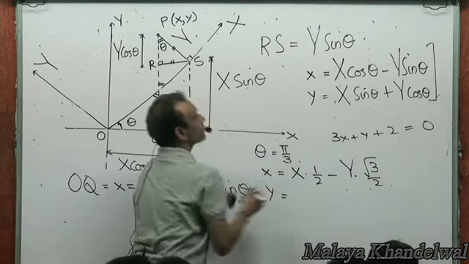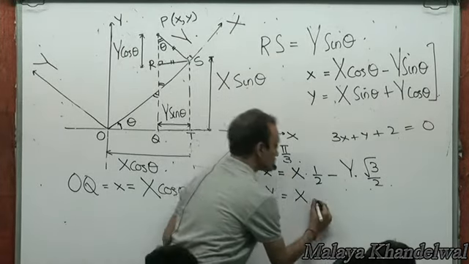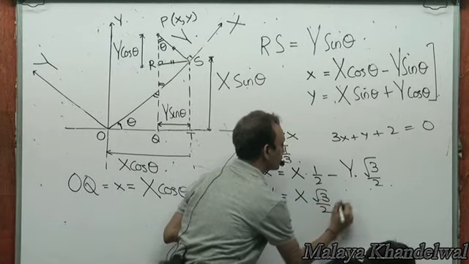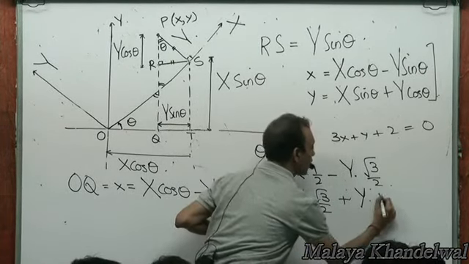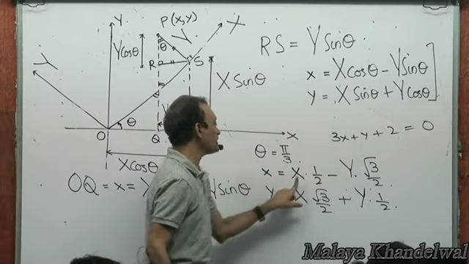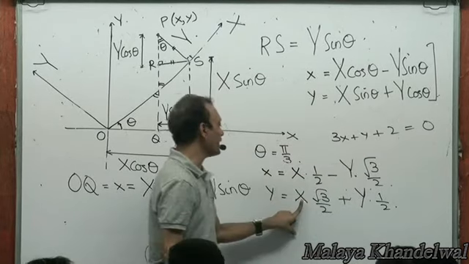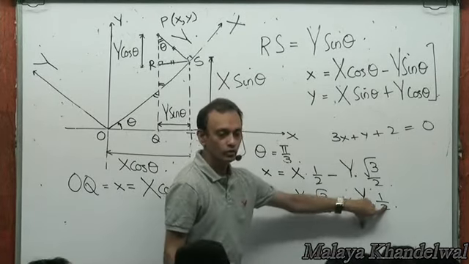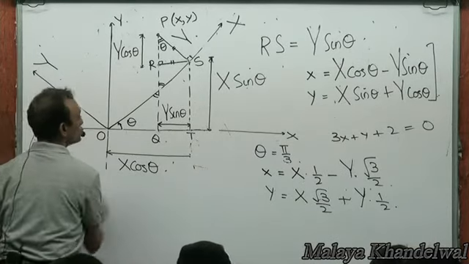Small y would be capital X sin 60, which is root 3 by 2, plus capital Y cos 60, half. So replace small x by X by 2 minus Y root 3 by 2, and small y by X root 3 by 2 plus Y by 2, to get the equation of the line in the new system.